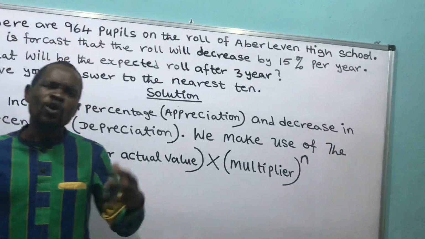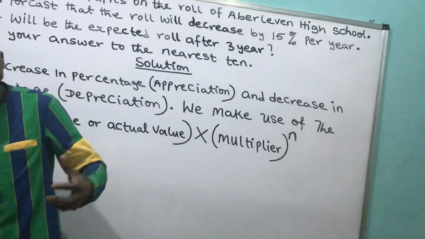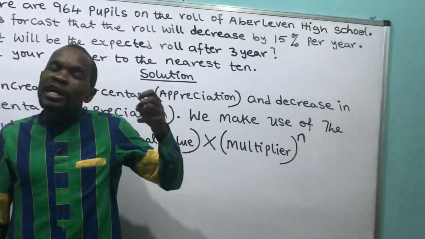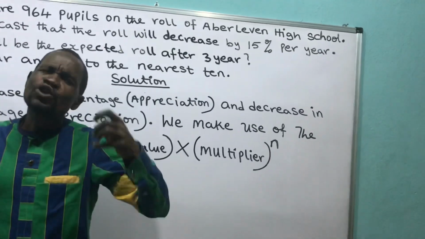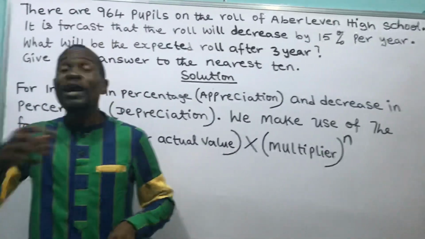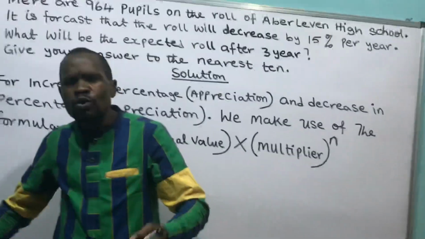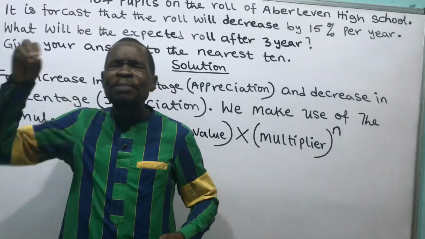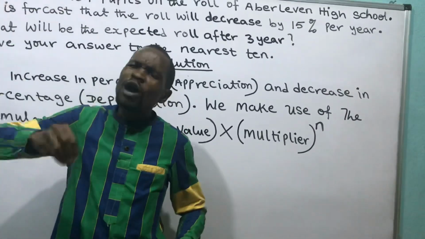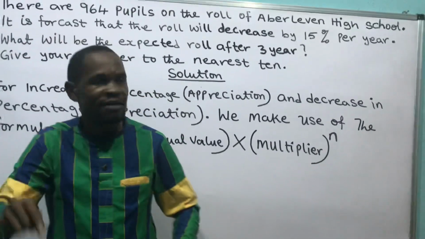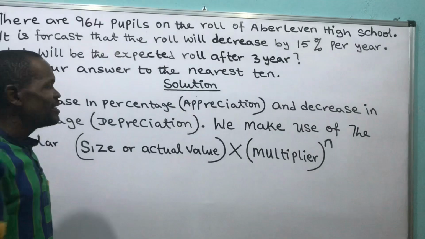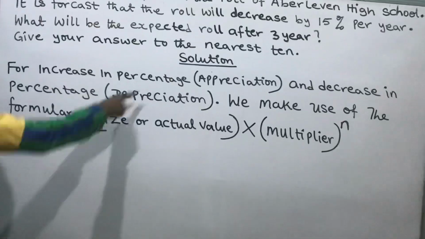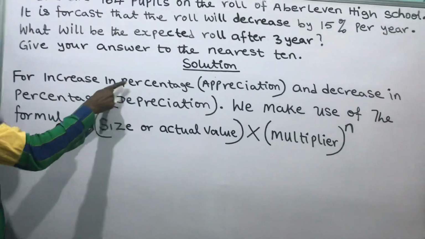When a quantity or a value or money has not experienced change, it is 100% of itself. That's our basic, our reference.